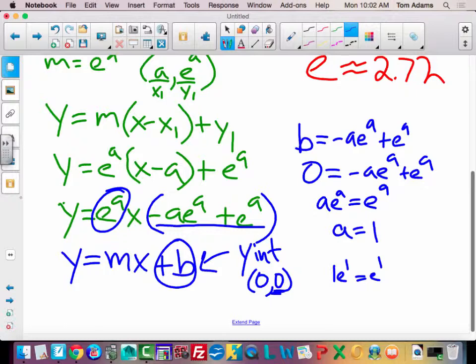And so that value works. Okay? And so if a equals 1, then since I already know what my y-intercept is, I can say that y is equal to e to the 1 times x plus 0.